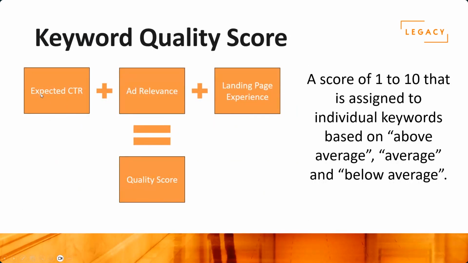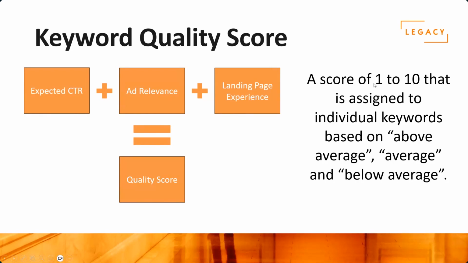Expected click-through rate, ad relevancy, and landing page experience equal keyword quality score. Those are the 3 things you need to work on when testing. Landing page experience could be page speed and the general user experience of your website. Ad relevancy would be trying to get as many keywords in as possible. Another thing to point out is that the keyword quality score is a score from 1 to 10.